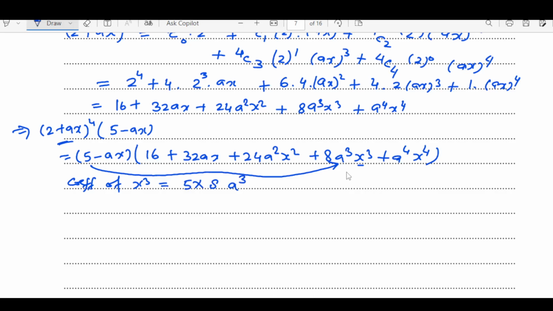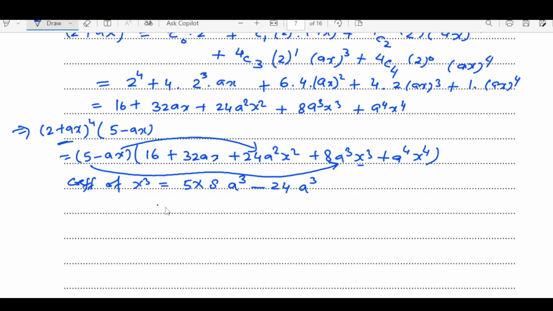The next one is when we multiply by minus ax, with 24a squared x squared, and x times x squared gives x cubed. So, this is going to be minus 24a cubed.